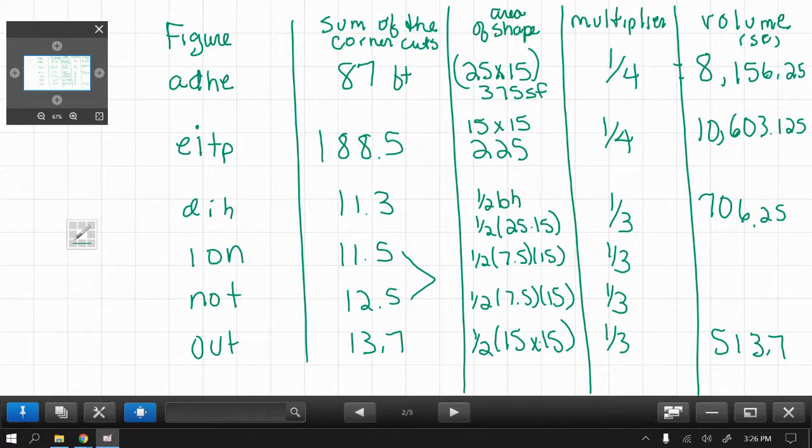So I've got 11.5 times 1. And then I would want a grand total.